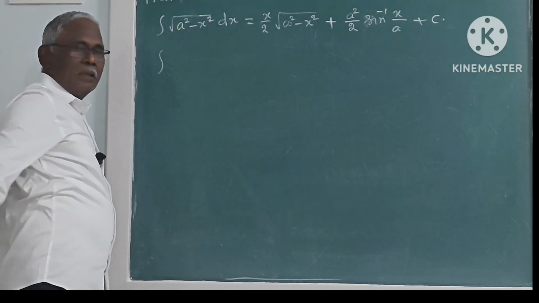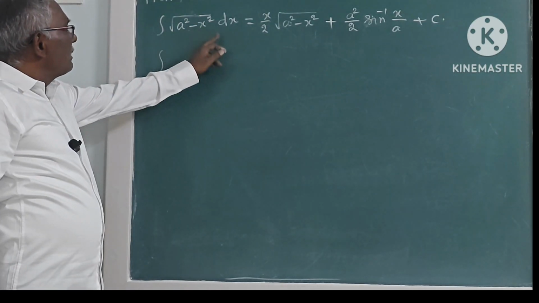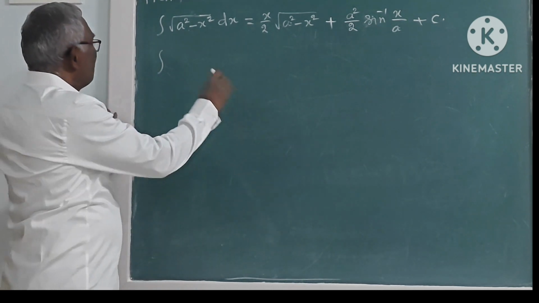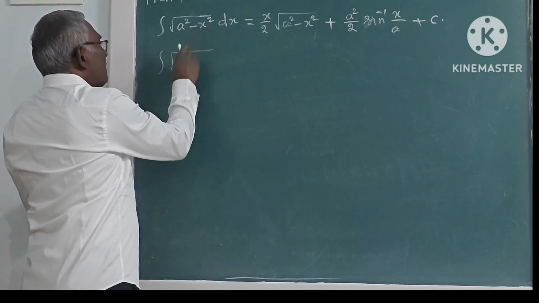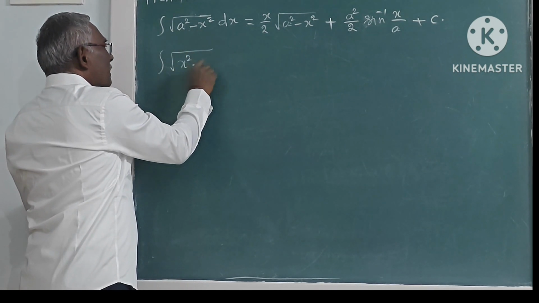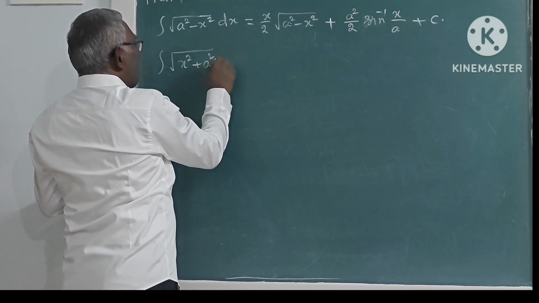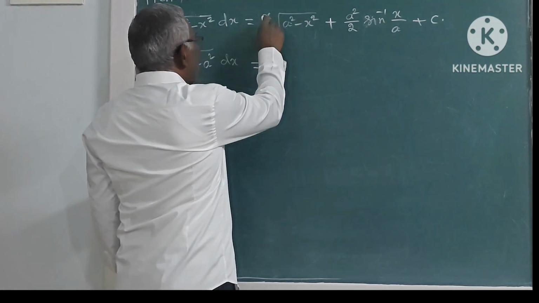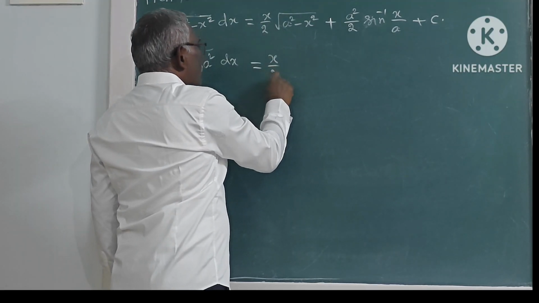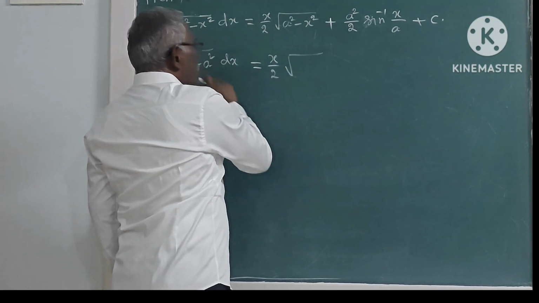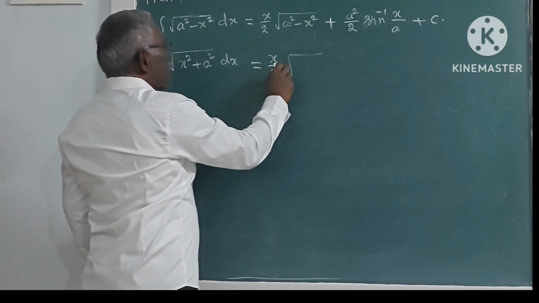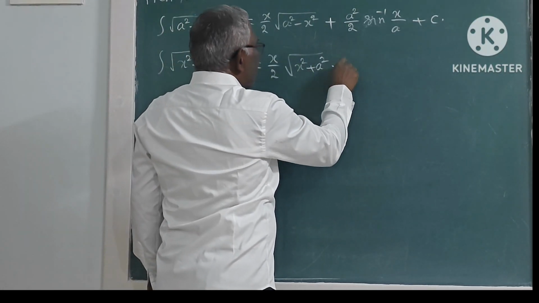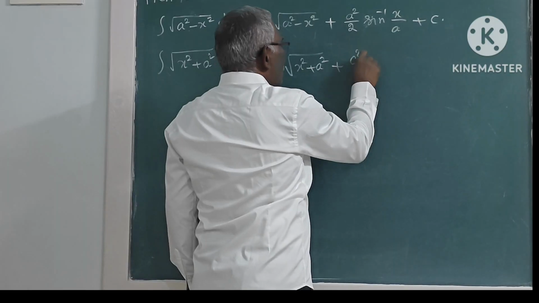Next is integral square root of a square plus x square, we can write x square plus a square dx. So this is nothing but x by 2, same x by 2, square root of whatever comes, same term we are writing here, x square plus a square, plus again a square by 2.